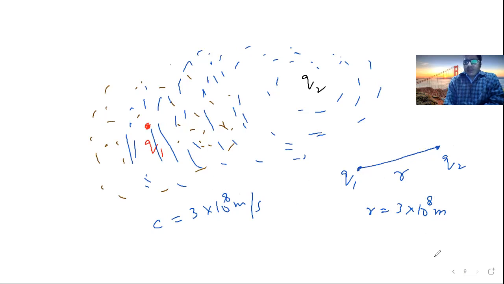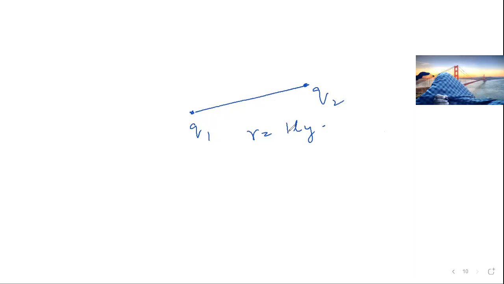Similarly, if this is my Q1, this is my Q2, and R is 1 light year, a distance unit, the distance light travels in 1 year, then if I move Q1, Q2 will sense this after 1 year, right?